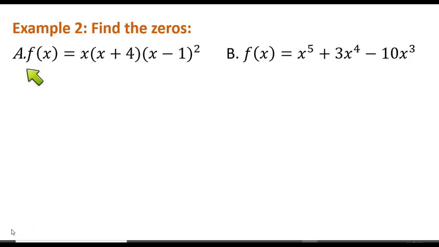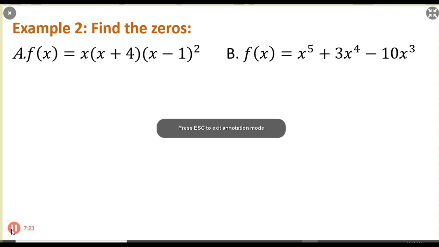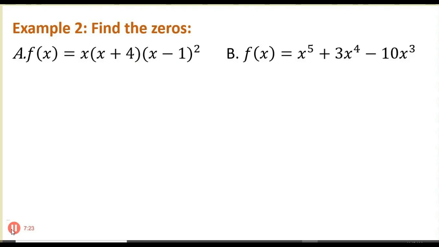So let's discuss how you find your zeros. This first function is in factored form, whereas the second function is in standard form. If it's in factored form, it's quite simple to find our x-intercepts or our zeros because we're simply going to set the factors equal to 0. This has 3 different factors. When I set the first one equal to 0, I have x equals 0. The second, x plus 4 equals 0. The third, x minus 1 equals 0.